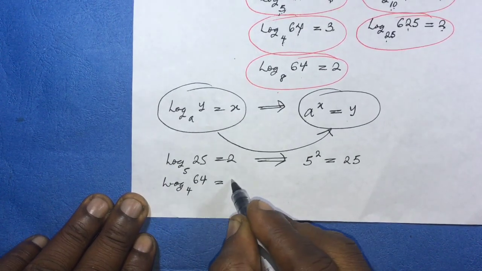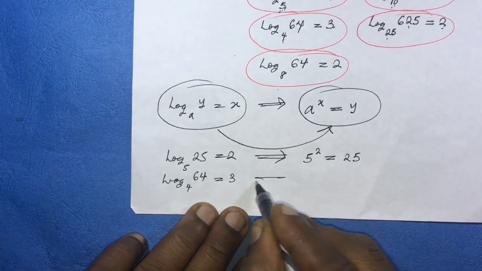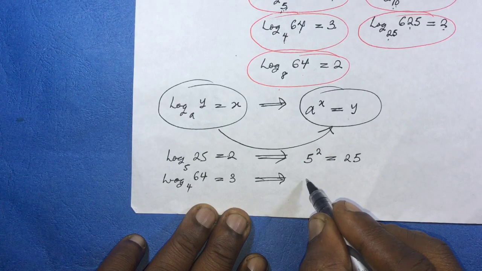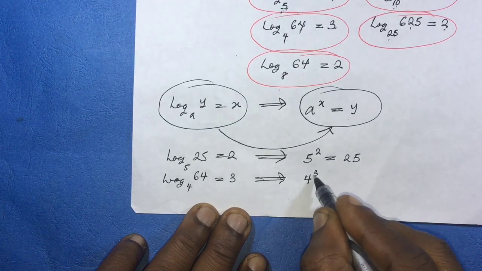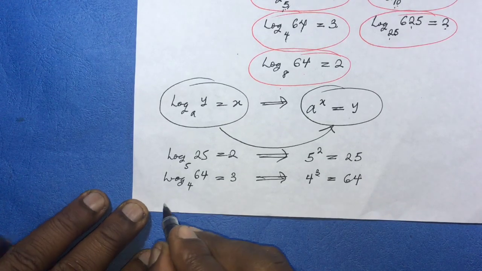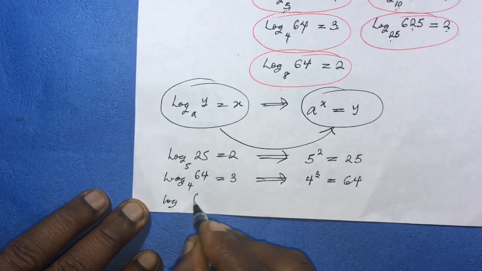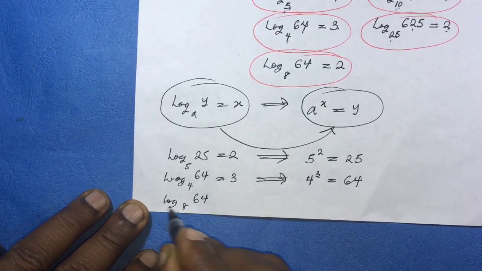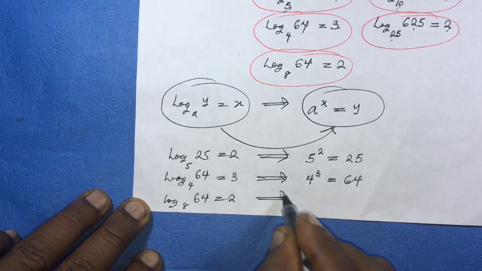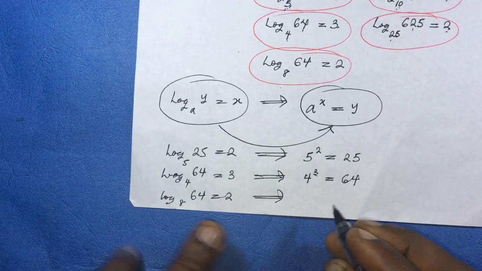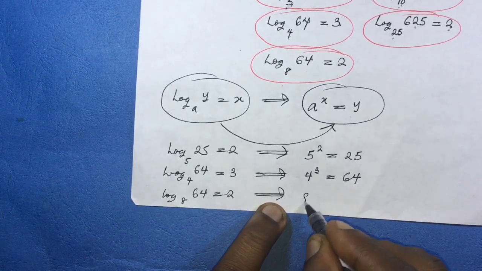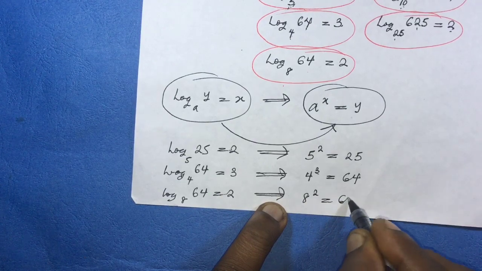That will give you 3, and that implies the index form of that number 64 in base 4 will be 4 raised to power 3 equals 64. So if you do that again for log 64 in base 8, which gave us 2, that would imply there is an index form of 64 in base 8, which will now be 8 raised to power 2 equals 64.